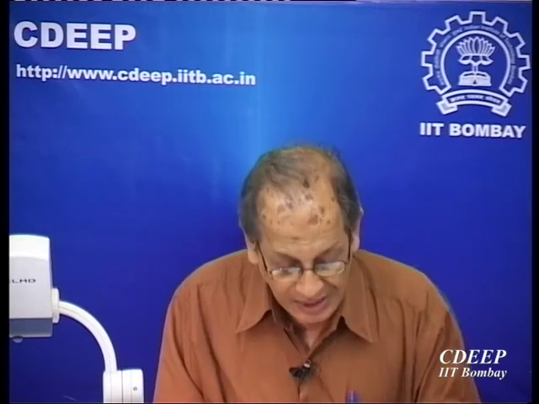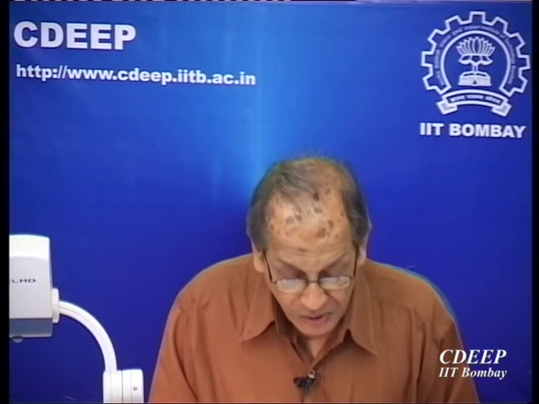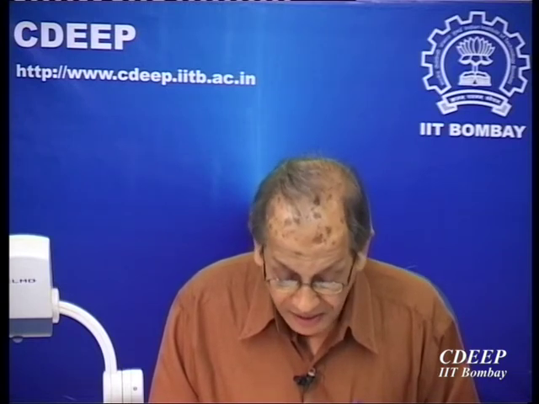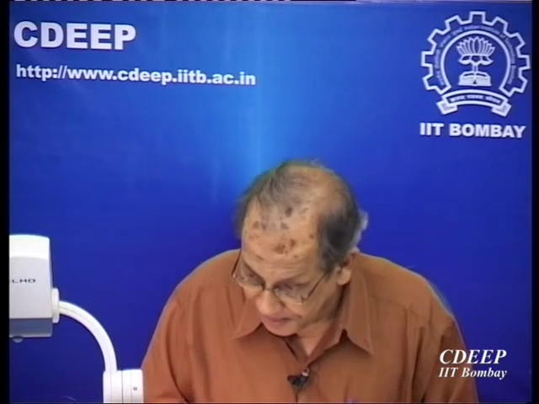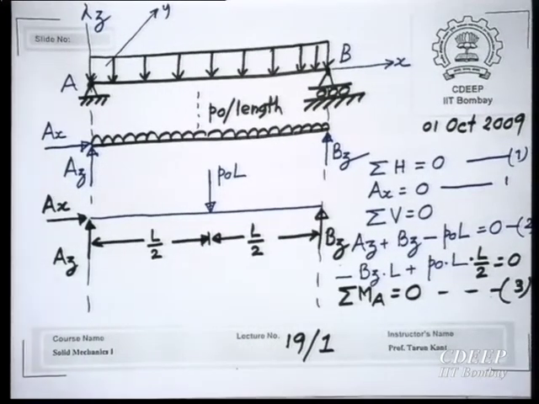Then at any cross section you have in a beam which is lying in a plane xz, that is, there are no loads perpendicular to the xz plane. In that case, at any cross section you have three forces: one bending moment, one shear force, and another one is axial force that exists along the length of the member.